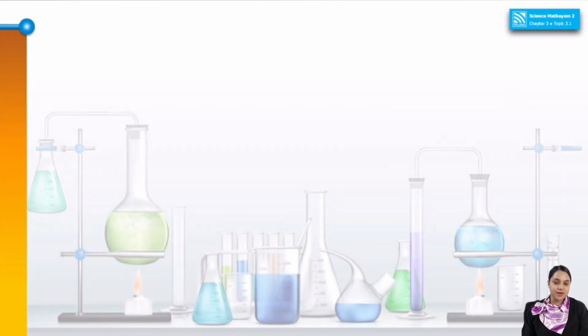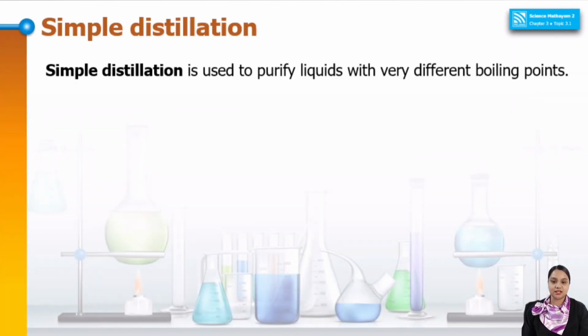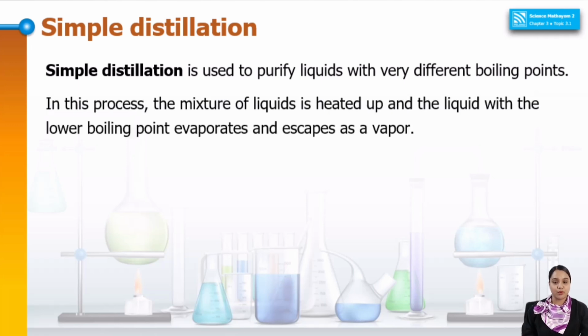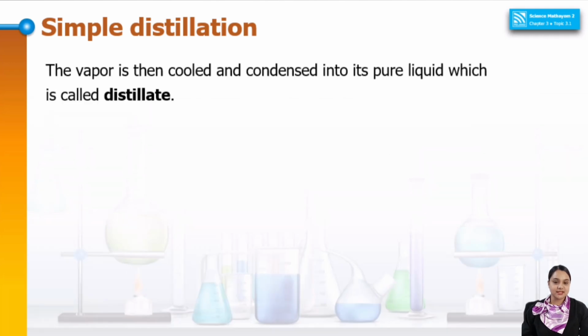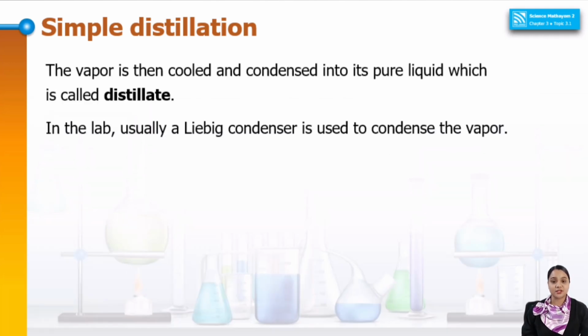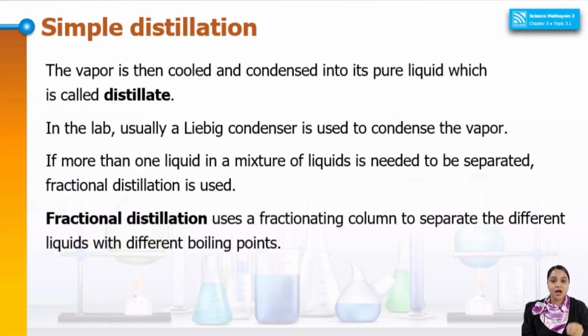The next method is simple distillation, and it is used to separate liquids with different boiling points. The mixture is heated. The liquid with the lower boiling point evaporates first. This is the distillation process. Of course, the vapor moves through a condenser.